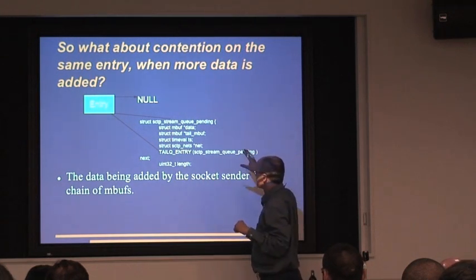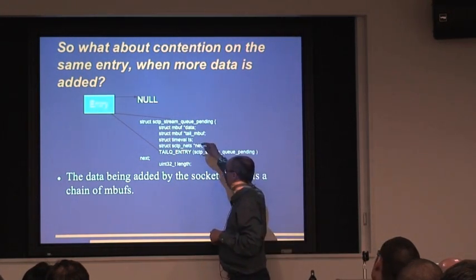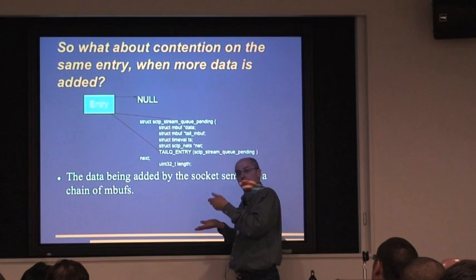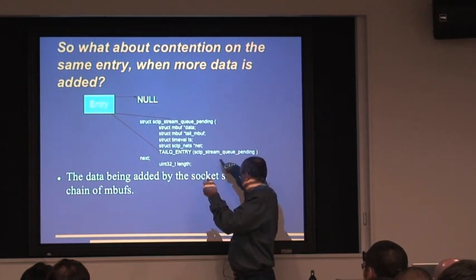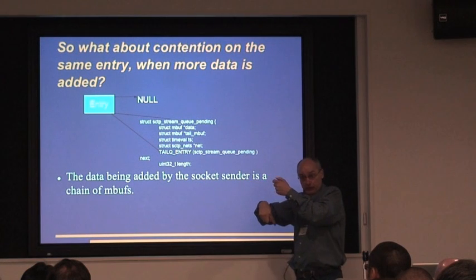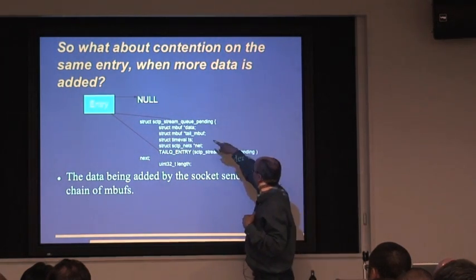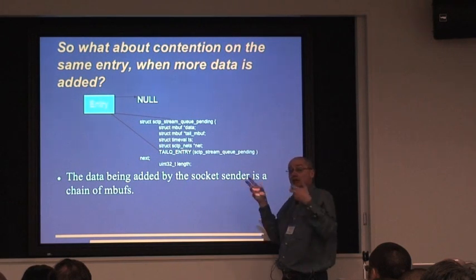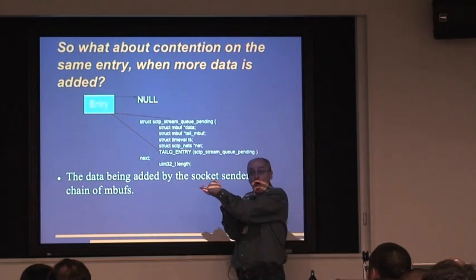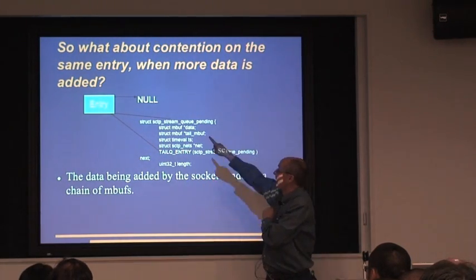So it's possible that I can look at it and say, I'm not going to take it all because it won't fit in a PMTU. So he's going to add to the tail of the actual MBUF chain, because there's a tail MBUF pointer inside this, which I won't touch. So I can safely not lock, even in this case.